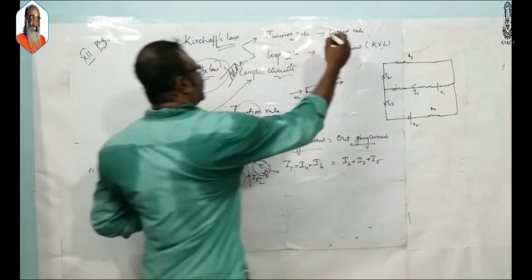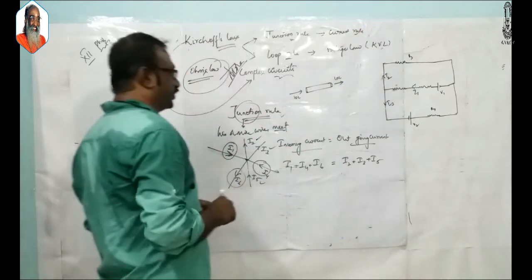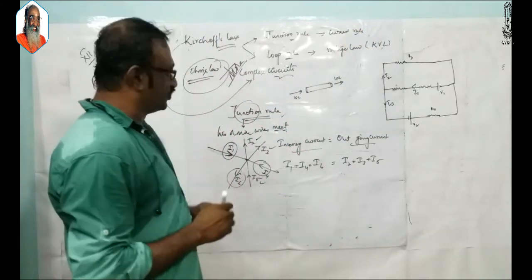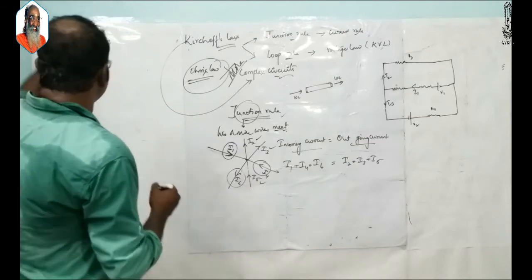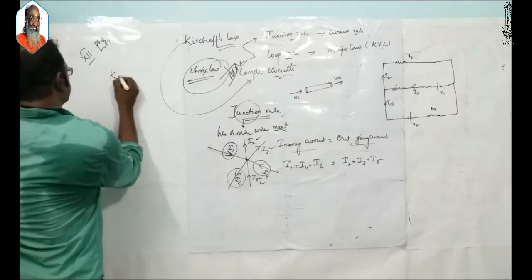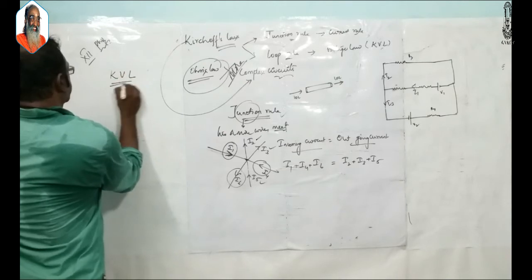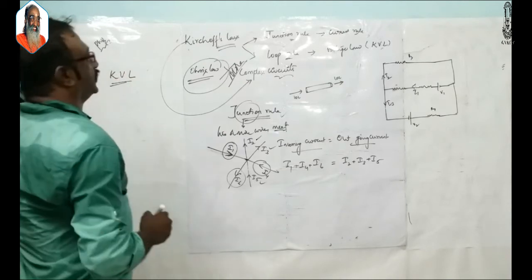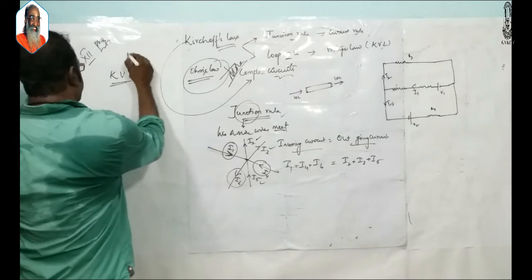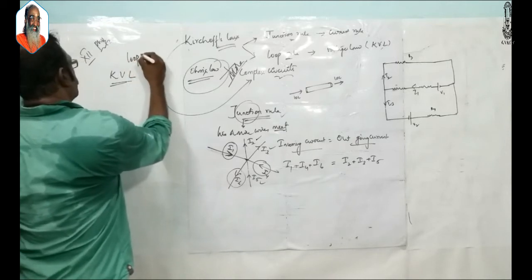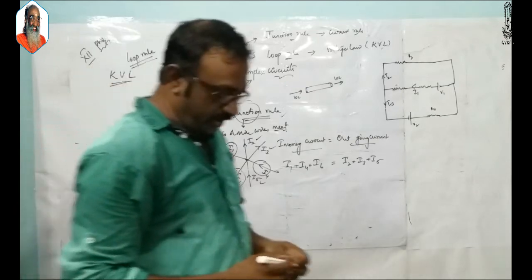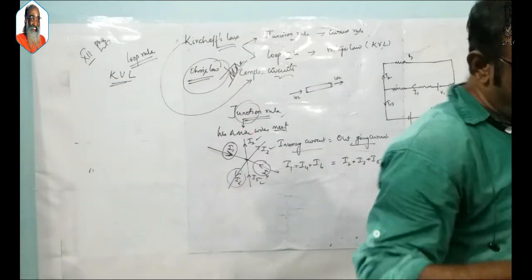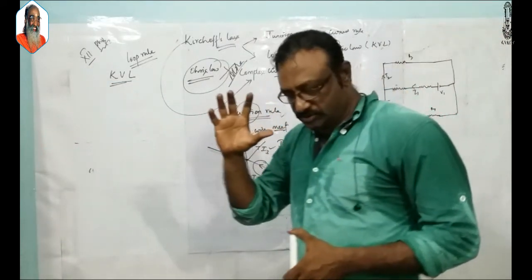Now coming to the voltage law, Kirchhoff's voltage law, we will be calling it KVL, or in your board examination you will be calling it the loop rule. Here, how to say it in simple words. Here they use loop, meaning in a loop.